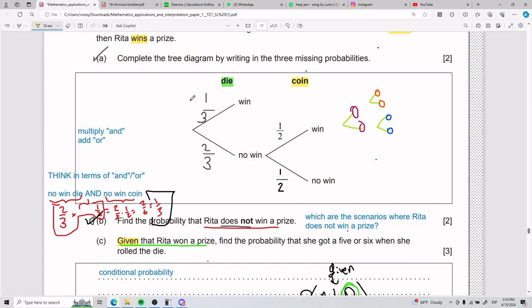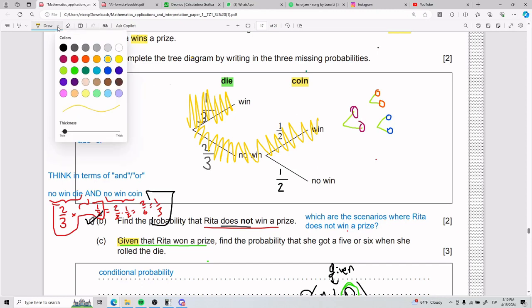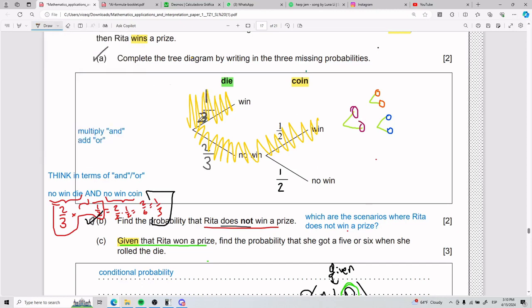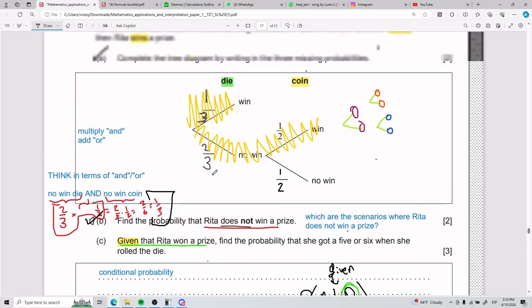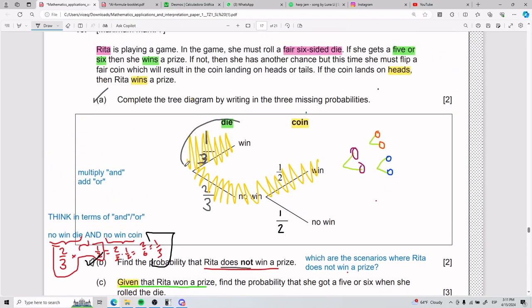And so your new universe is like you're drawing from this and from this. Okay, so that is your universe now. It's only the scenarios where she wins. All right? And so where she wins, what's the probability she got a 5 or a 6? So if she gets a 5 or a 6, she straight up wins, right? But your new set of scenarios is the 2/3 and the 1/2, right?